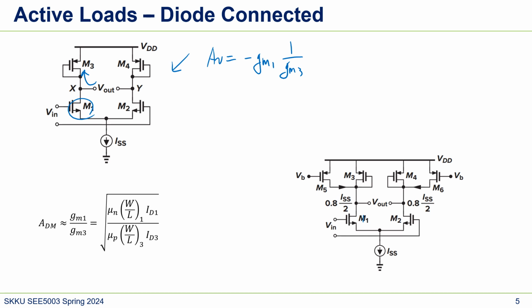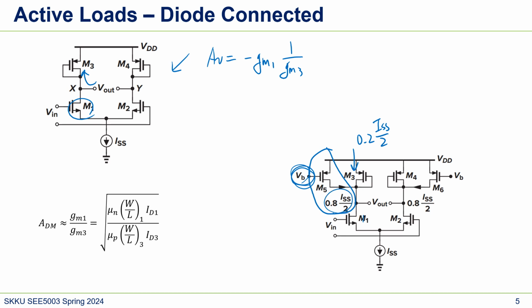And here we can increase the gain a little bit by putting in this extra branch. In this case, the current flowing here would be 0.2 ISS over 2. To set this, we can properly set this value. For example, we can use a current mirror to set this.